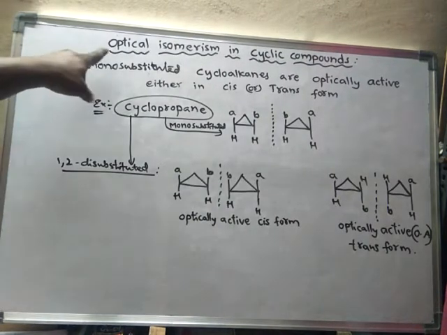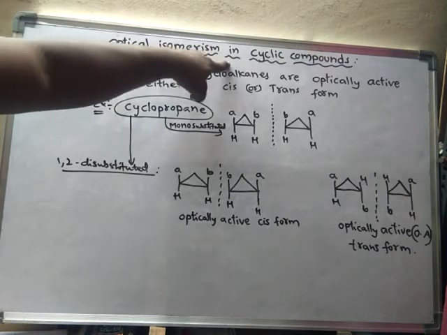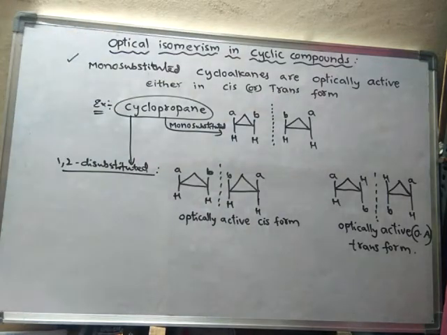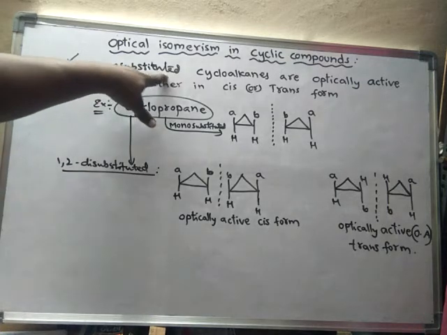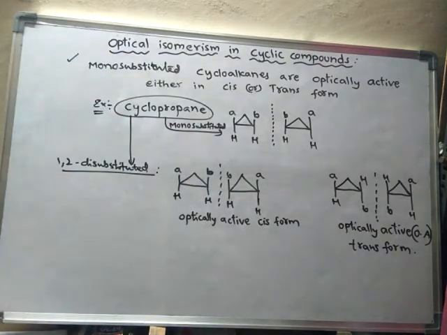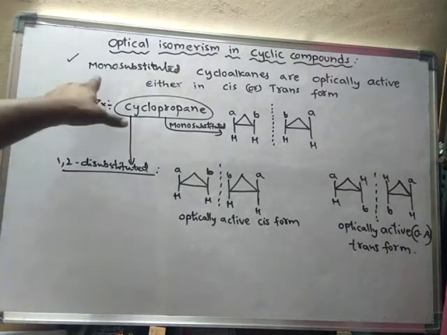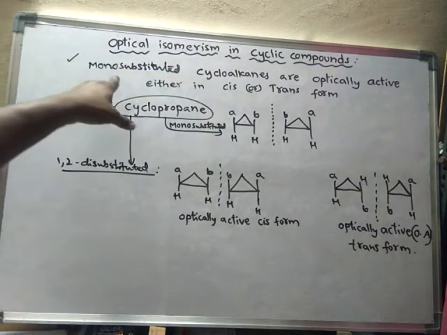See, the next concept is optical isomerism in cyclic compounds. See, actually, mono-substituted cycloalkanes. What are mono-substituted cycloalkanes? If there is only one substituent, so only one hydrogen is replaced by some other group, then it is said to be mono-substituted cycloalkanes.